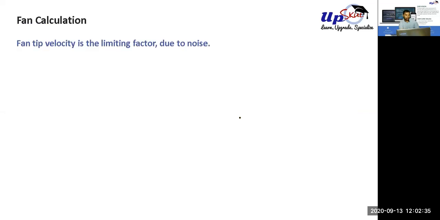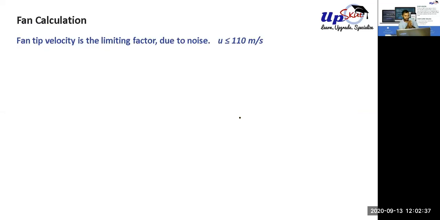The limiting factor for the fan design is the tip velocity of the fan. We have a round fan, and it's rotating. At the tip, the velocity will be highest.